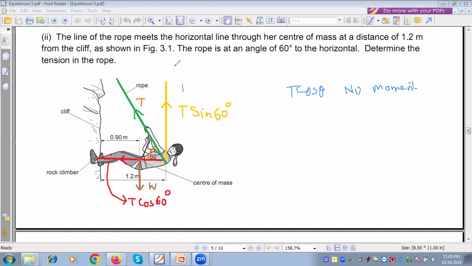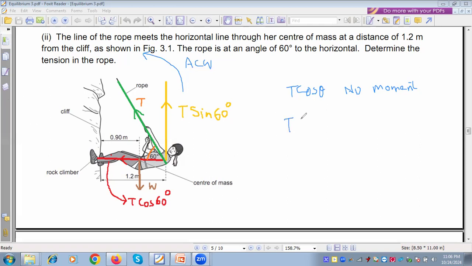So this is causing anti-clockwise moment, and the weight of the climber about the pivot, the distance is 0.9. The feet are to be taken as a pivot. So that is causing clockwise moment. Okay, so this part is already solved. We may solve it again also.